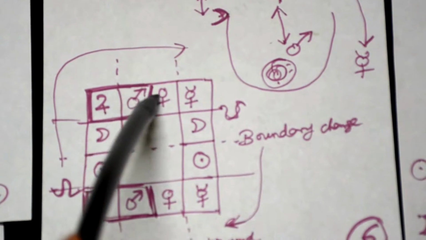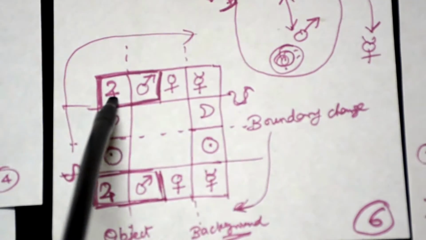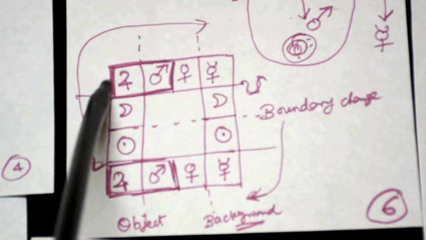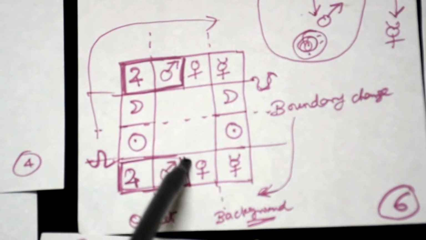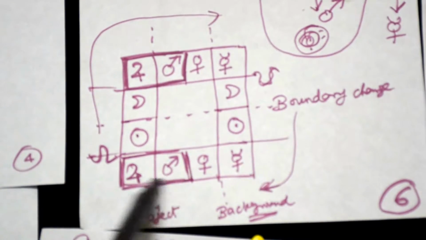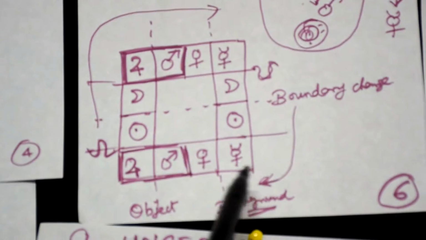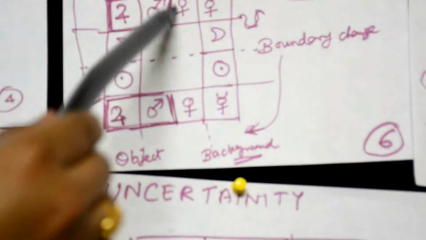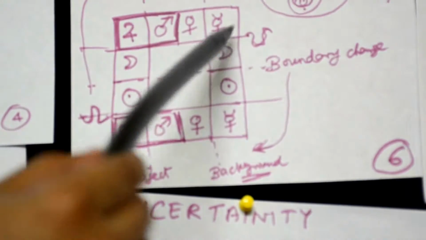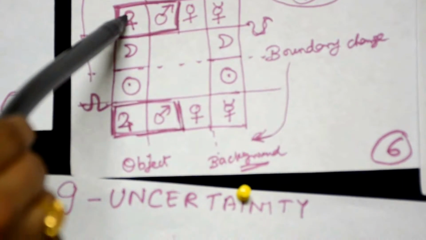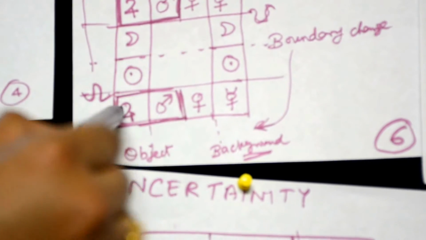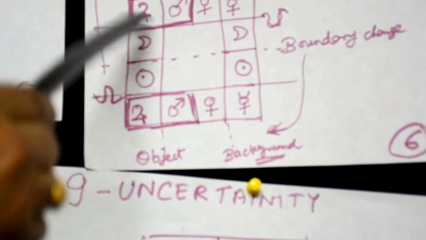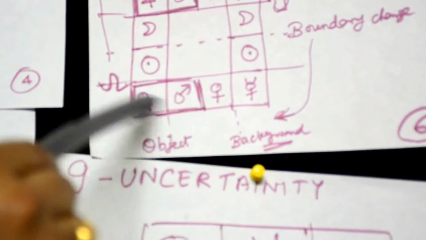You can see the object part, or wherever the object of interest is being placed here, and you can see that there is a separation in the background, where the flip of the background, Venus to Mercury, Mercury to Venus. Similarly, the flip of the object, Jupiter to Mars, Mars to Jupiter. Similarly, the change of boundary, moon to sun, sun to moon. So they are all in perfect symmetry.